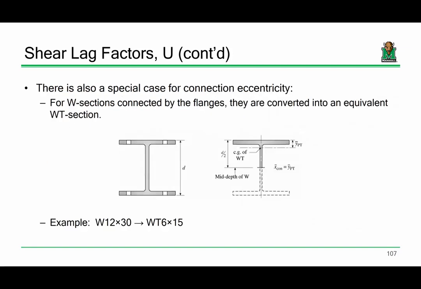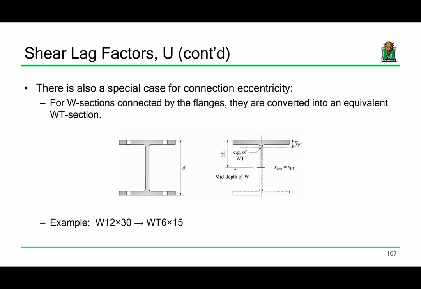If you have a wide flange that is connected via the flanges, this is a very special case. The way that you get your connection eccentricity is you look up the Y bar for an equivalent WT. So what do I mean by equivalent WT? Well, let's say you have a W12 by 30.